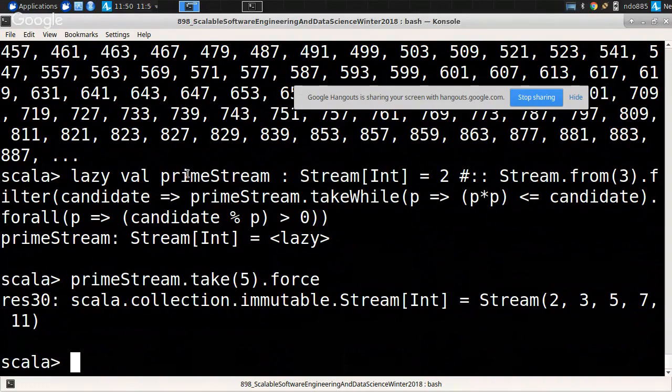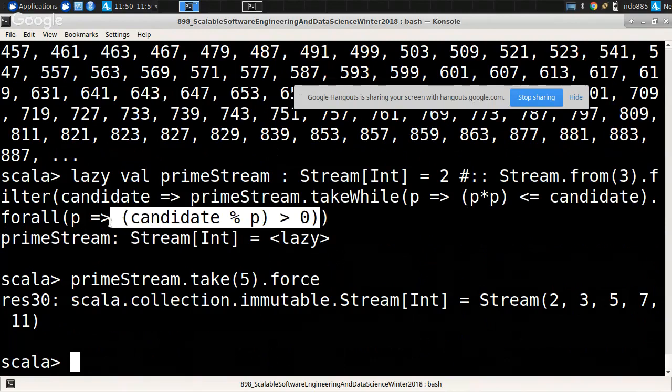Ladies and gentlemen, prime stream here is a stream of events. It starts with 2. And we're going to append to it something. What are we going to append to it? For all numbers greater than or equal to 3, we're going to filter them to only include those for whom prime stream does not include a candidate for which this is greater than 0.